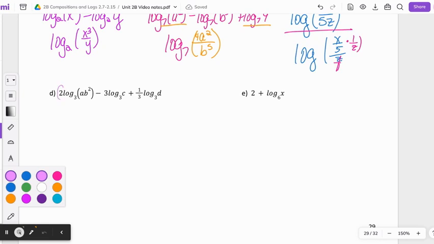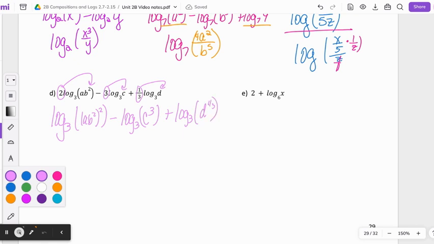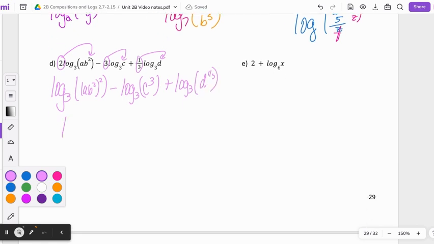All right, we got lots of coefficients on this one. So 2, a 3, and a 1/3. So the ab squared gets squared, minus log base 3 of c cubed, plus log base 3 of d to the 1/3. Now this middle one's the only one being subtracted, so that's what's going to go in the denominator.